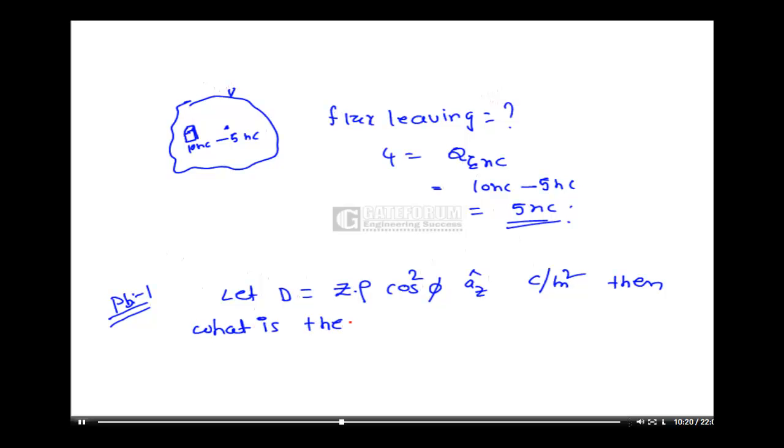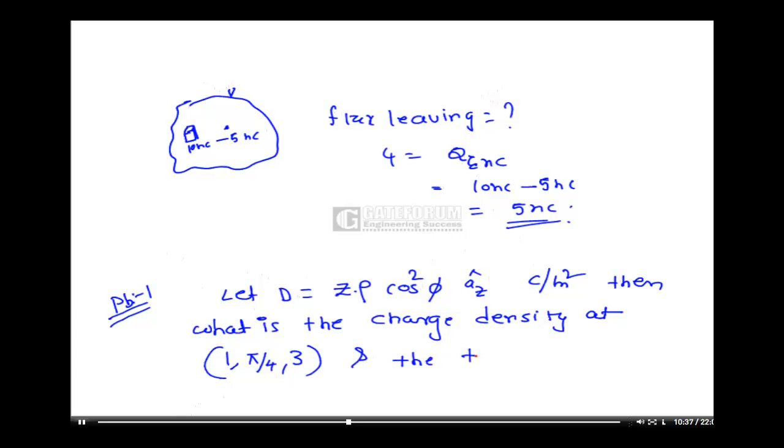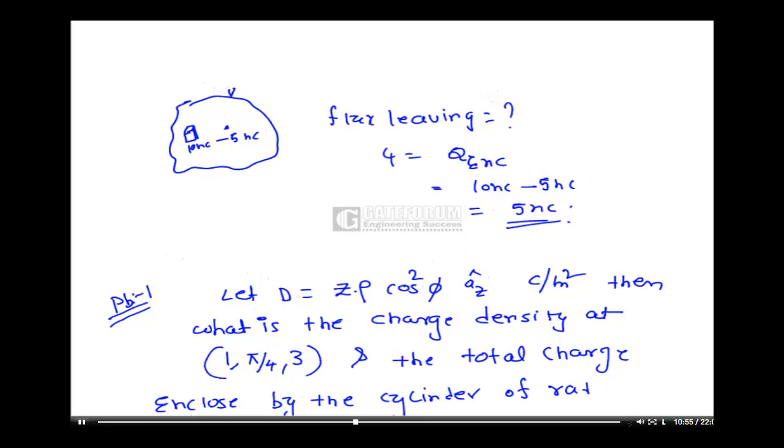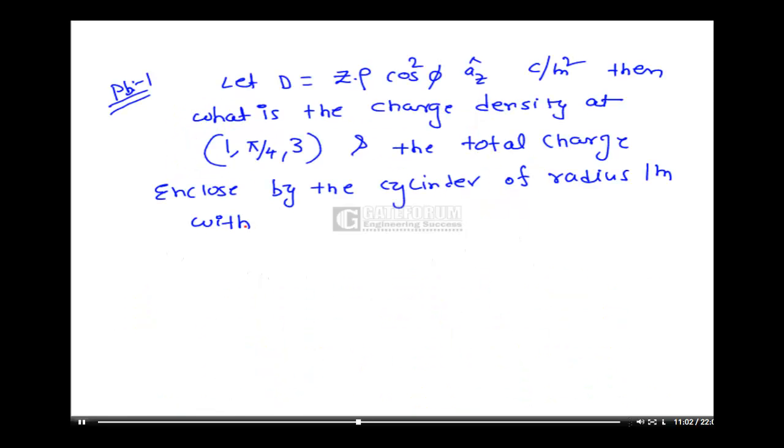What is the charge density at 1 comma pi by 4 comma 3, and what is the total charge enclosed by the cylinder of radius 1 meter, with minus 2 less than or equal to z less than or equal to 2 meters? So this is the problem.